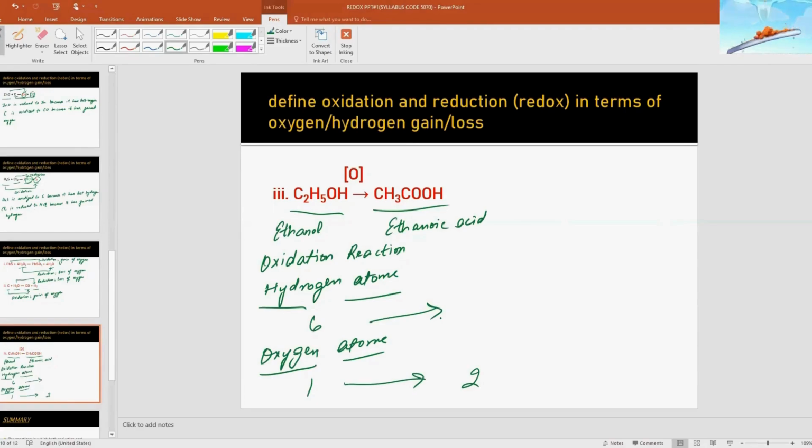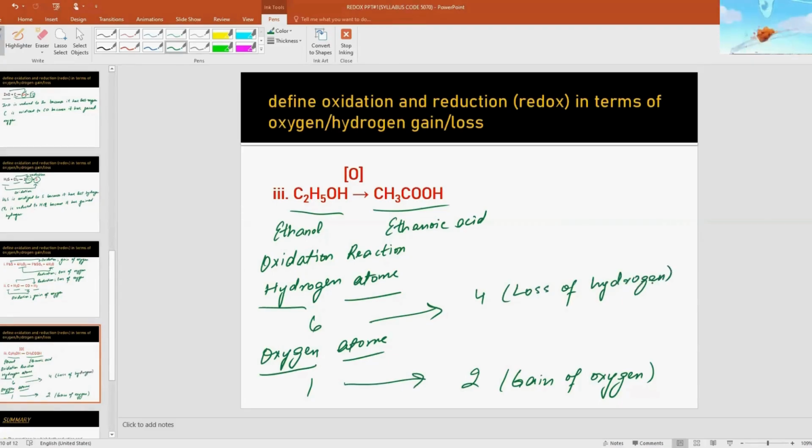But on the product side, it is 4. This means that there is gain of oxygen here, and loss of hydrogen taking place here. Therefore, the reactant is oxidized. Let me write here, oxidized.